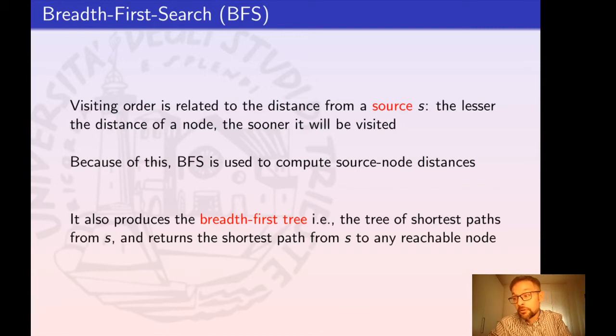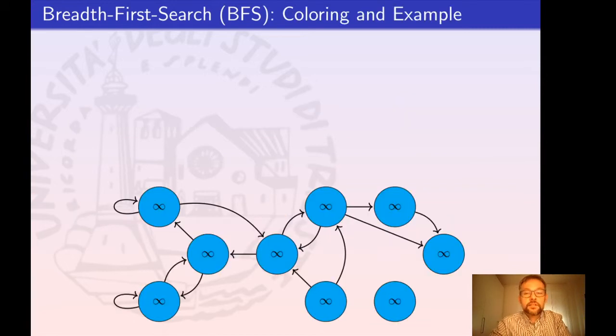And of course, any reachable node of the graph. Let's have a look at how it works. Here you can see on the slide a representation of a possible graph. This is just an example. At the beginning of computation, all the nodes are labeled by infinity, which is the distance from the source to that node.